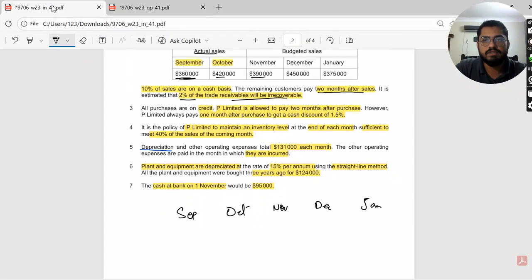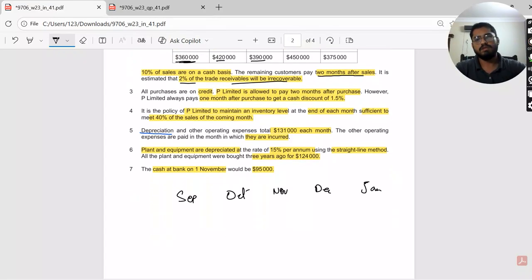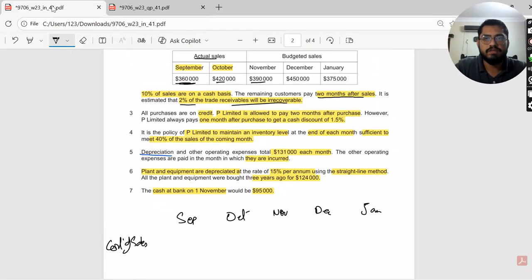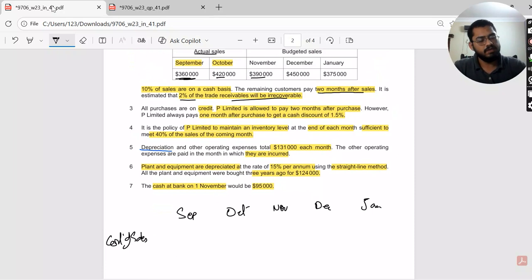And we have sales, so let's calculate the cost of sales accordingly. The cost of sales would be 360,000, and we'll multiply it with 100 and divide it by 150. So the cost of sales is 240,000 for the month of September, then same for the month of October, multiply it with 100 and divide it with 150.